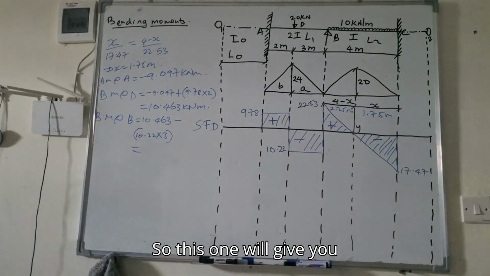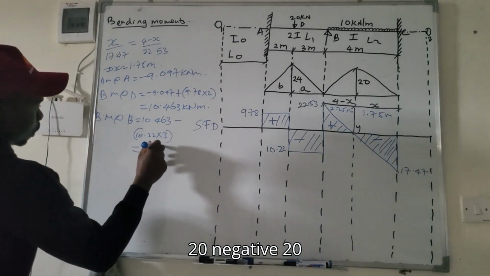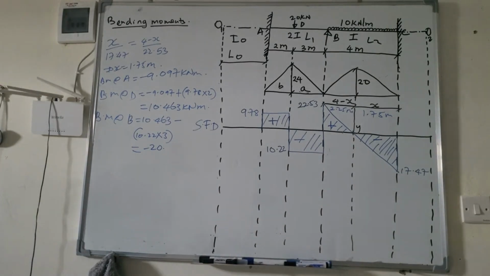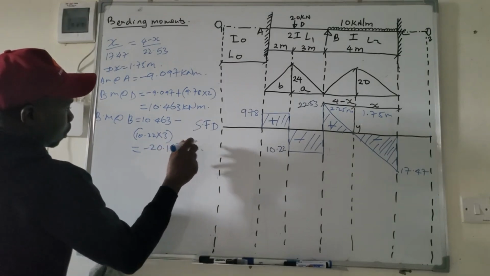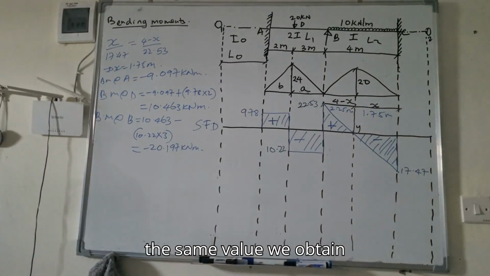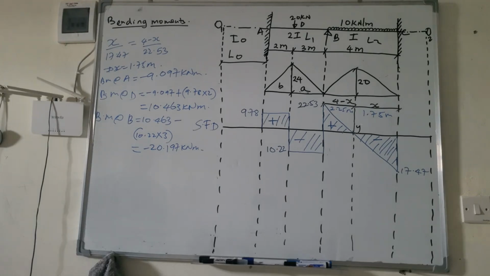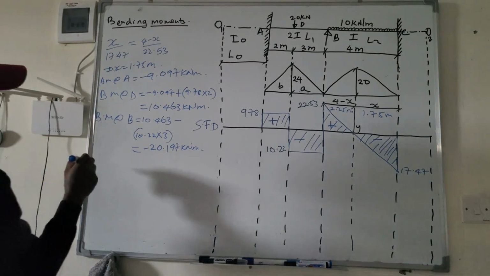This one will give you negative 20.197, the same value we obtained from our three equations.